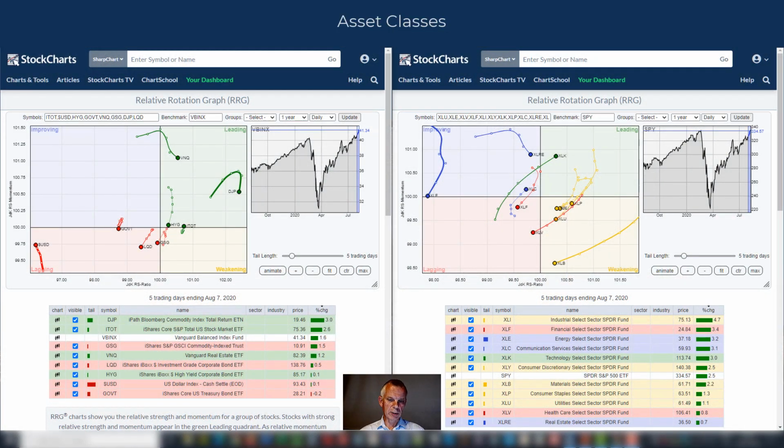What happened last week? Let's start with the asset classes that are on the left side of the screen. As usual, we have the RRGs for the asset classes and the sectors on a daily basis for the last 5 trading days. So that's closing on last Friday, the 7th of August.